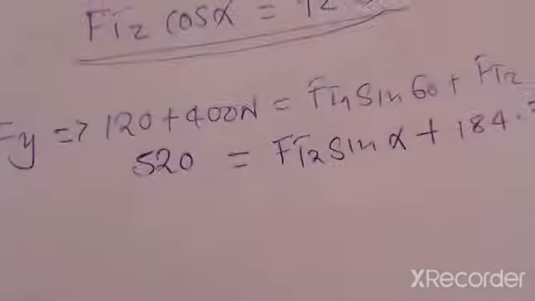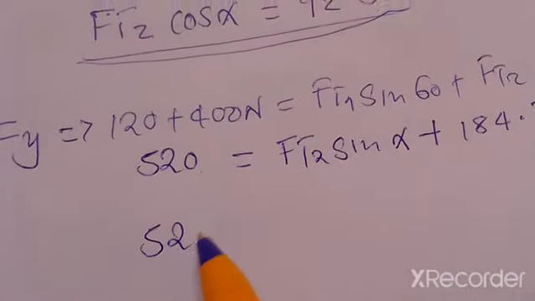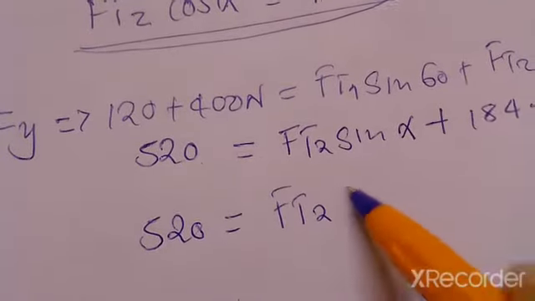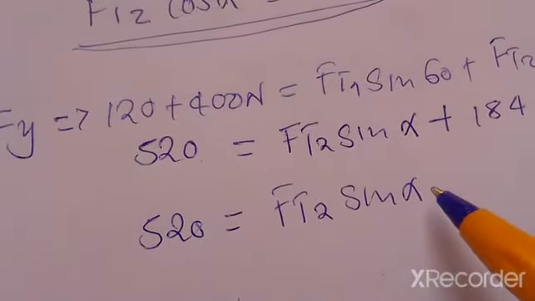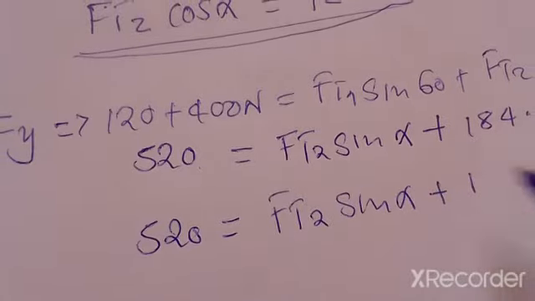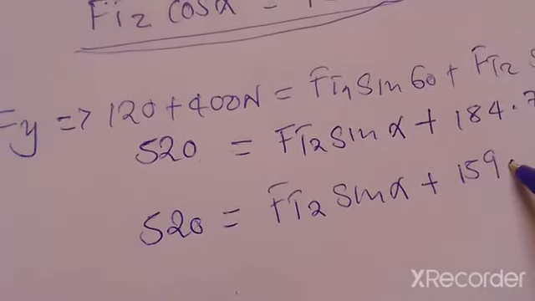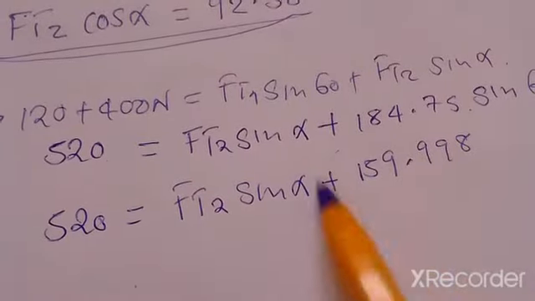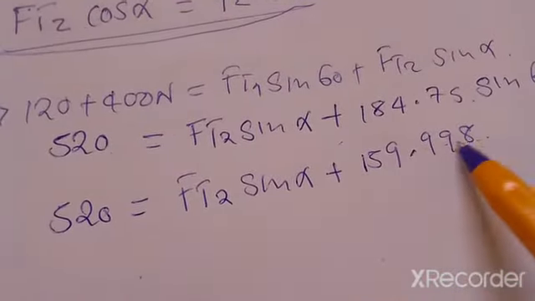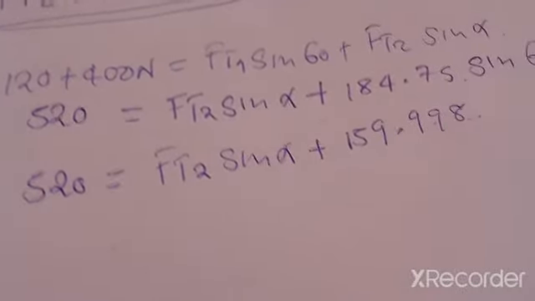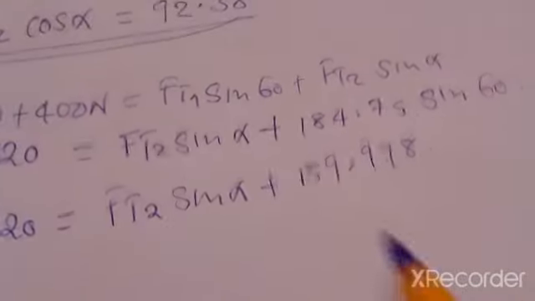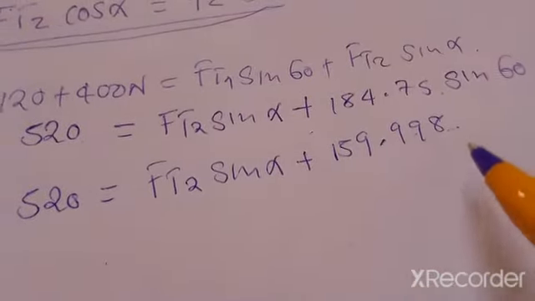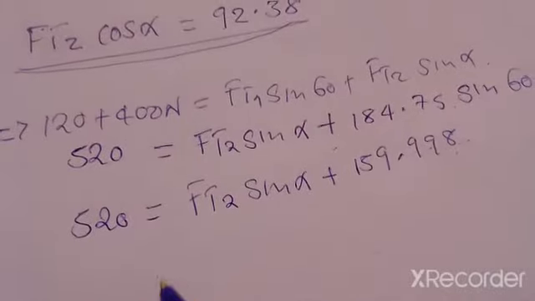If we simplify this, we are going to have 520 is equal to ft2 sine alpha, okay, plus 159.998. Okay, I've left it in this term because it was going to be difficult rounding it off to the nearest number, because we are going to have to end up with 160, and I feel this is more reliable.